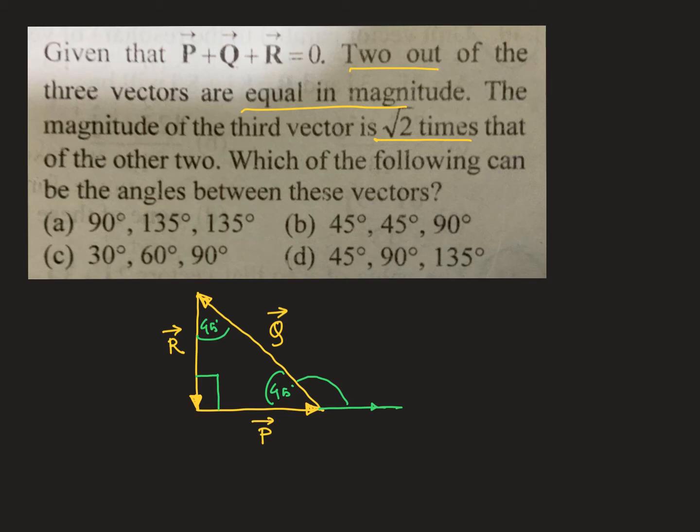So between P and Q, the angle is 135 degrees, and between Q and R also the angle is 135 degrees, and between R and P obviously the angle is 90 degrees. So there: 90, 135, 135. So option A is correct here.